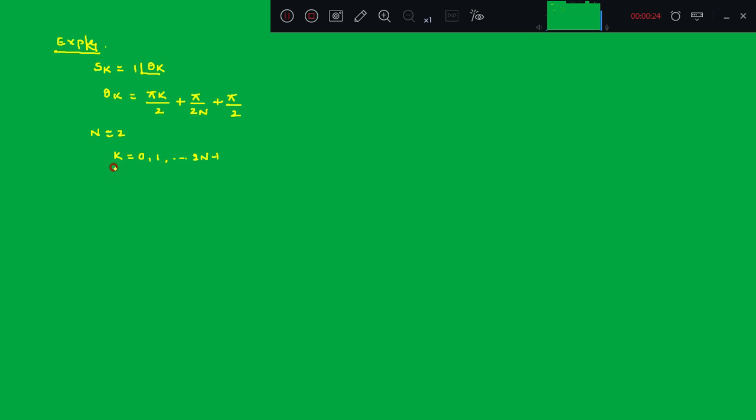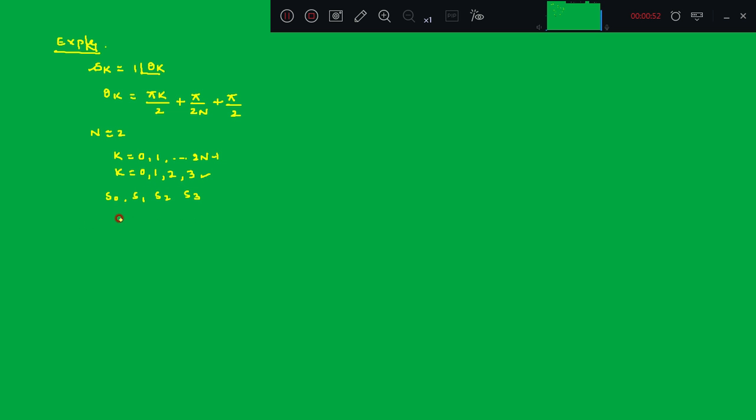So k varies from 0, 1, 2 up to 2 into 2 is 4, 4 minus 1 is 3. So the k values are mainly 0, 1, 2, 3, right? And for these k values, we will get how many poles? 4 poles, S0, S1, S2 and S3, right?